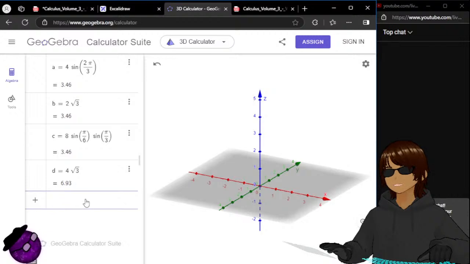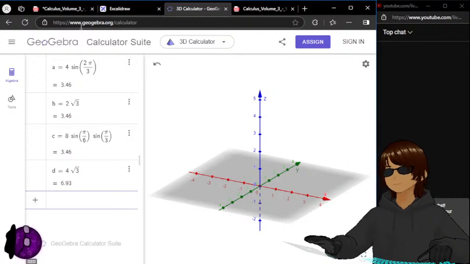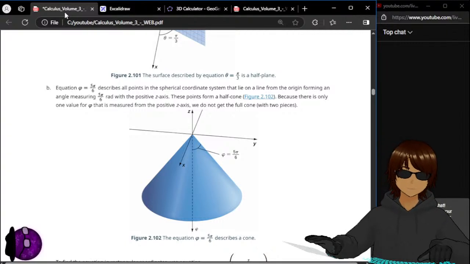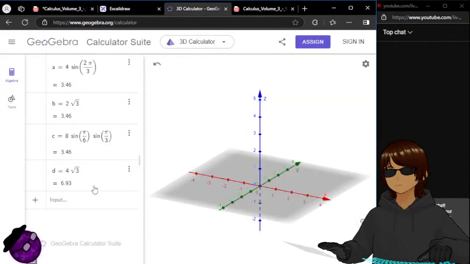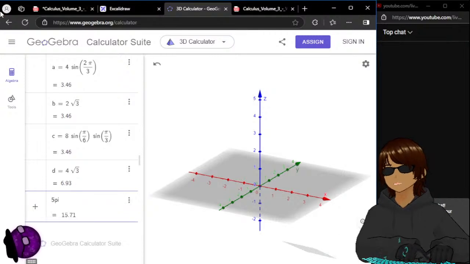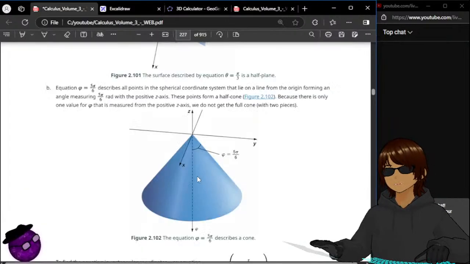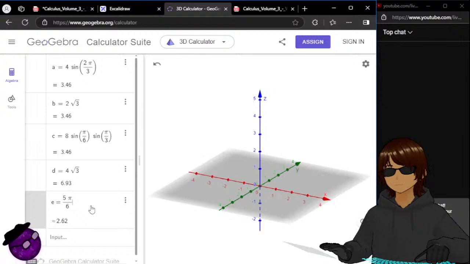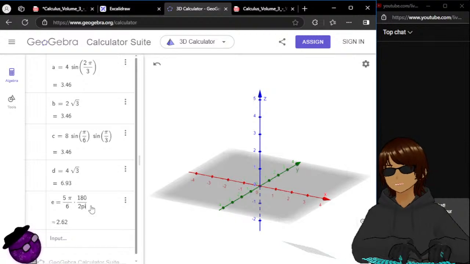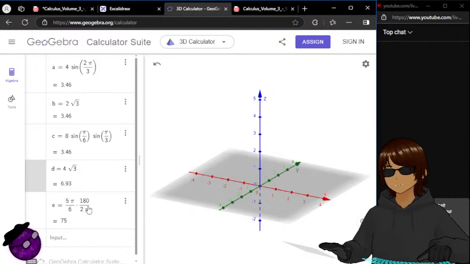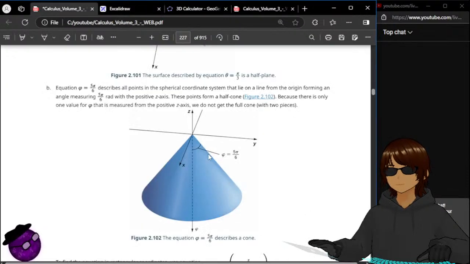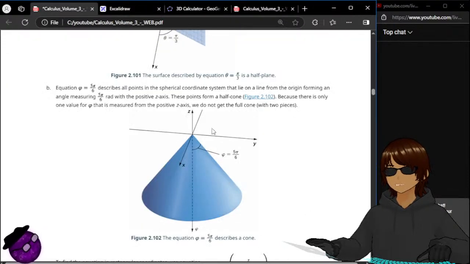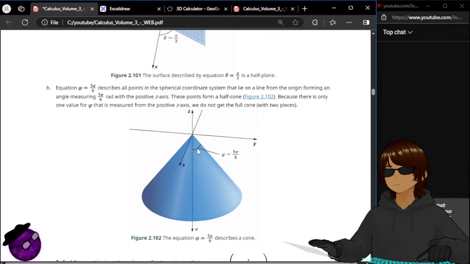So what is 5 pi over 6? 5 pi over 6 times 180 over pi.